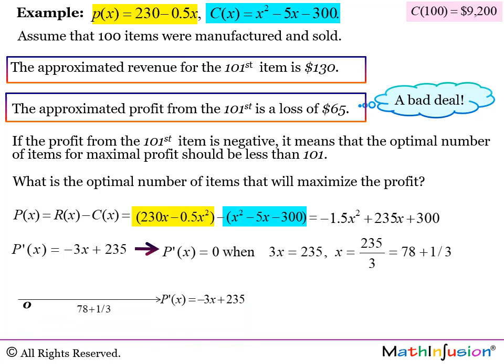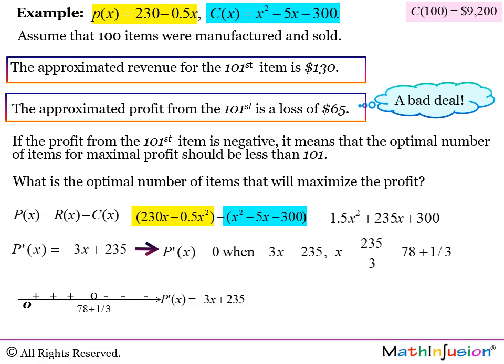We know that x has to be greater than or equal to 0, but we don't know how large x can be, so we are going to look at the shape of the graph by analyzing the first derivative as usual. The derivative is 0 at 78 plus 1 over 3. It is positive between 0 and this number, and it's negative if you take numbers which are more than 78 plus 1 over 3.